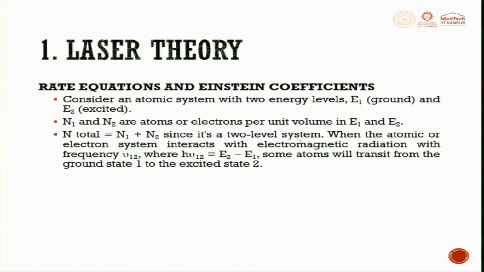You can also have a 3 level or 4 level system. When the system interacts with electromagnetic radiation of frequency nu 1 to 2, where h nu 1 to 2 is E2 minus E1, some atoms will transition from the ground state level to the excited state level. This is the rate equation and the Einstein coefficient we cover here.